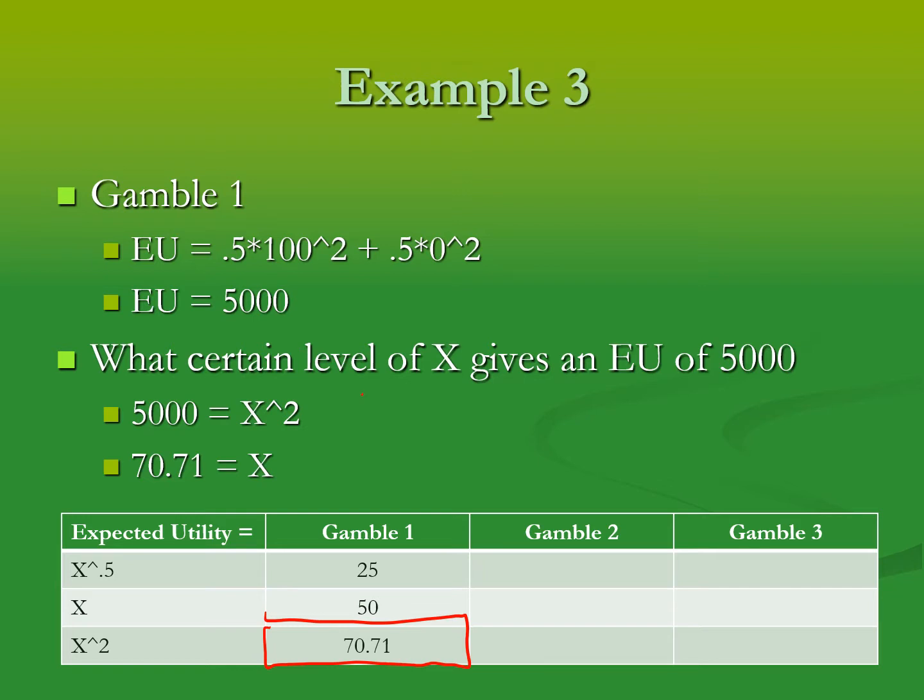This certain level of money, 70.71, would be equivalent to the gamble. They would view it the same as taking the gamble. It provides the same amount of utility, with certainty, as this particular gamble. So it's the certainty equivalent for that payoff.